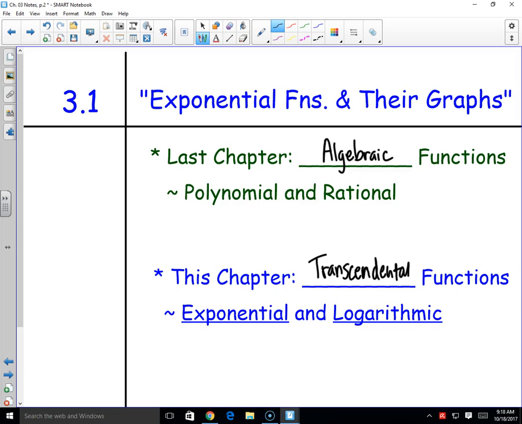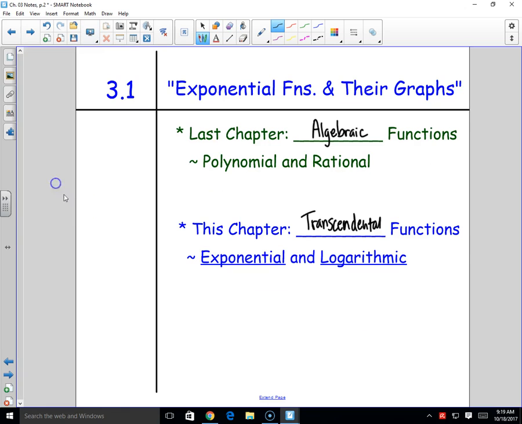Now you're going to have special functions in terms of x, but they're not going to be directly powers of x. They're going to be like e to the x, or ln of x, or log base 7 of x, 2 to the x. X's are still involved, but they're not the main players, we'll put it that way. Then we'll get into sine of x and cosine of x, and there again, x's are involved, but they're not the main players. That's just an introduction to what we're doing in chapter 3 and beyond.